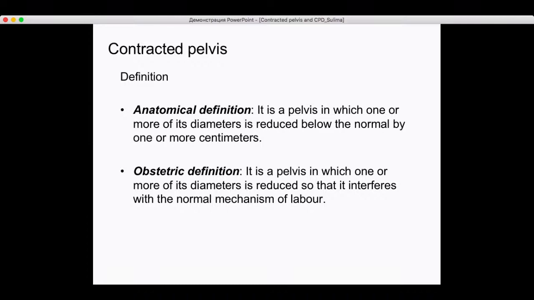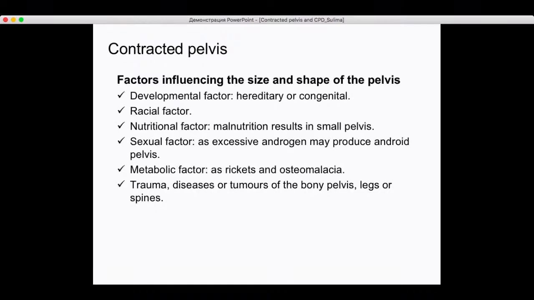And from the obstetric point of view, it is a pelvis in which one or more diameters is reduced so that it interferes with the normal mechanism of labor. We have anatomical and obstetric definitions of contracted pelvis.